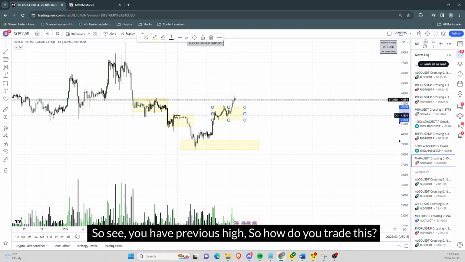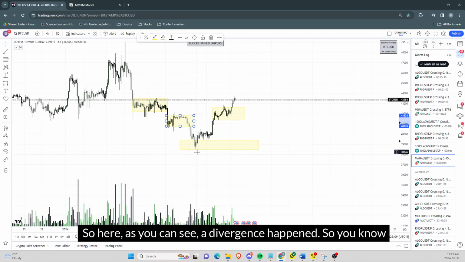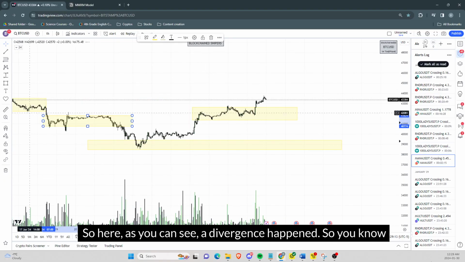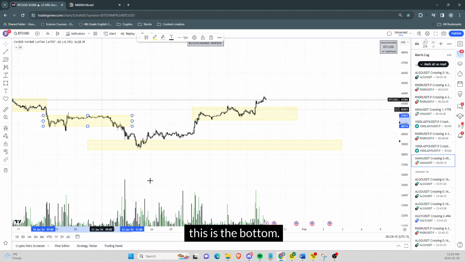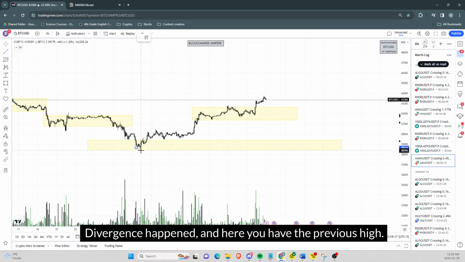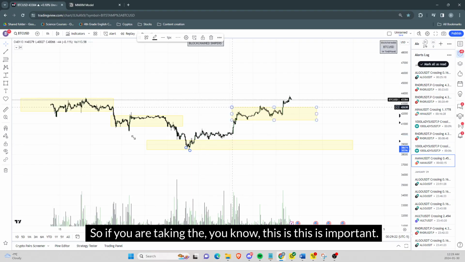So see, you have previous high. So how do you trade this? So here, as you can see, a divergence happened. So this is the bottom. Divergence happened. And here you have the previous high. So if you are taking this, this is important.